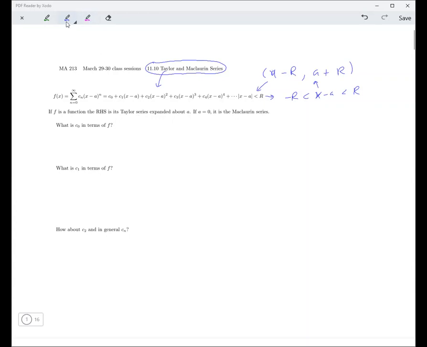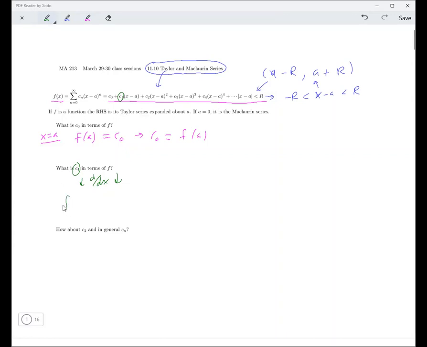Okay. So now, last time we sort of did these questions here, and if you set x equal to a, then that x gets replaced with an a, and these x's all get replaced with a's, but they're just going to go away. So c0 is f of a. And then for c1, we take the derivative.